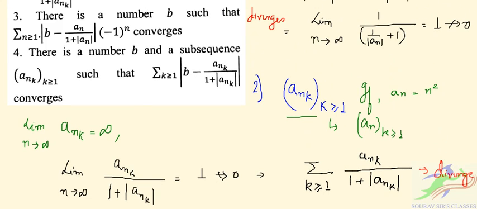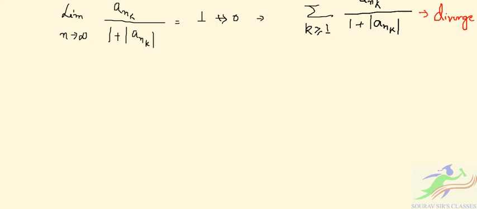Option 3 says there is a number b such that this particular sequence converges. So let's check whether it is converging or not.